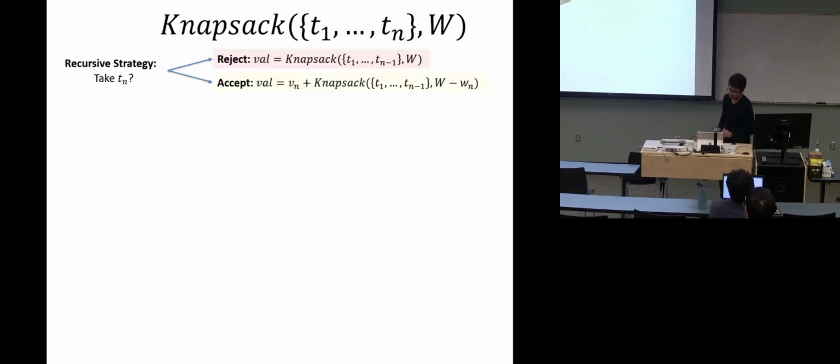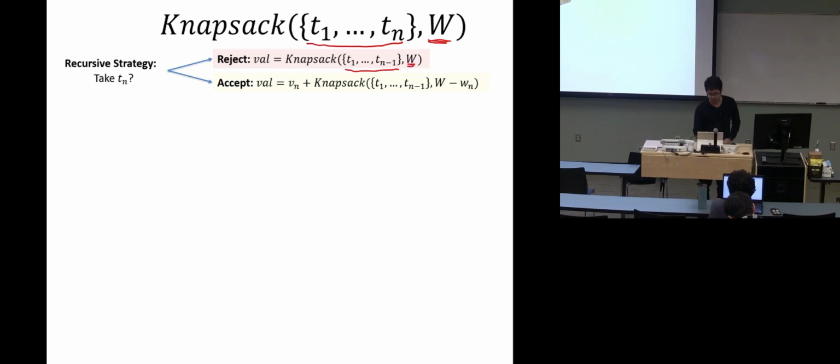Exactly. So imagine that you have the knapsack problem where you have n things, and your knapsack has capacity W. So you have n things, just look at the last thing, Tn. You have two choices. If you want to reject this thing, you just recurse on everything else.